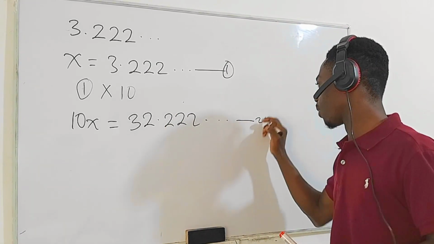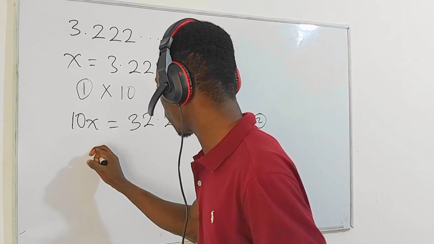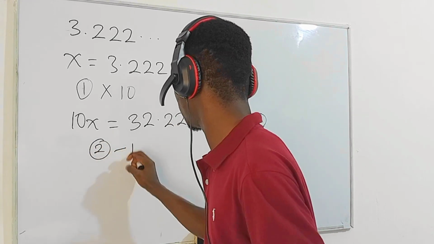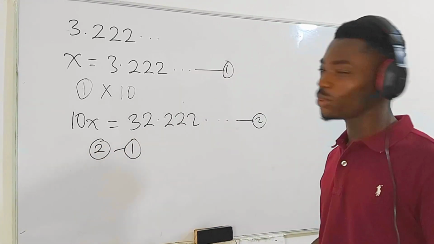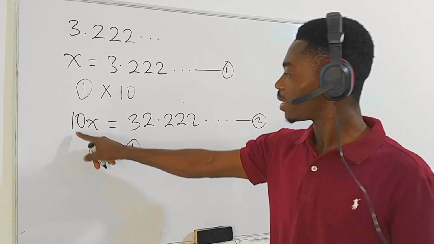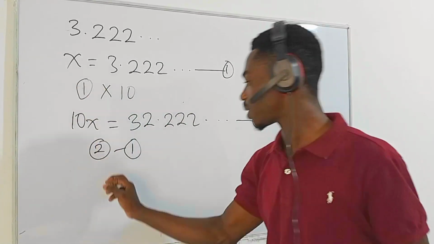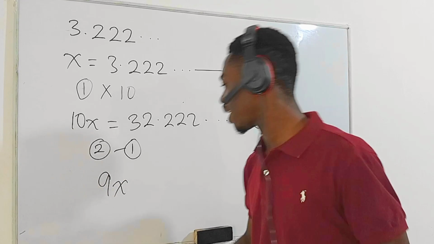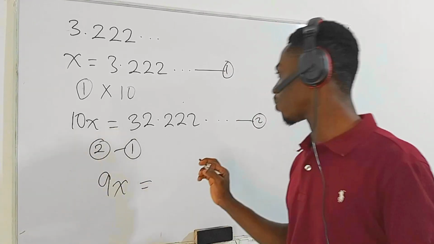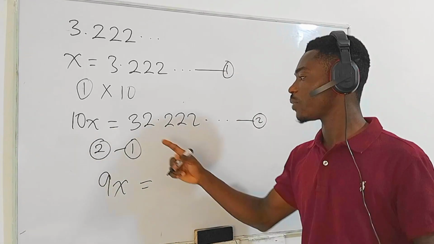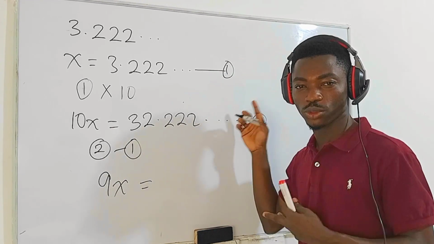And this will be our equation 2. And this time round, we can subtract equation 1 from equation 2. And if you do that, on the left-hand side, we have 10x minus x, which is basically 9x. And this is equal to, now check this, on the right-hand side, we have 32.222 up to infinity.